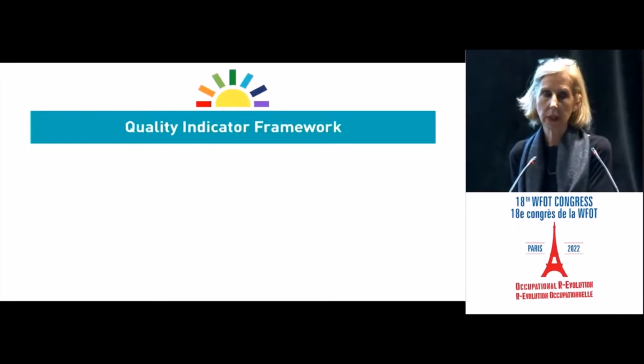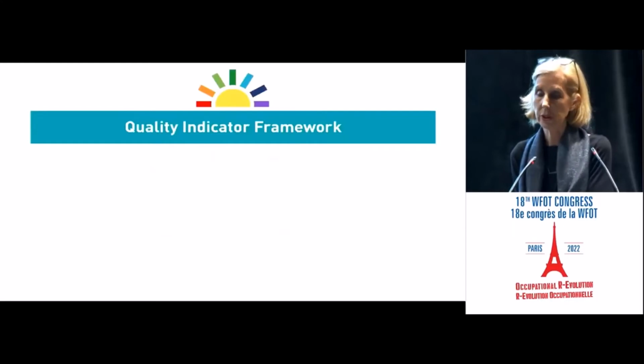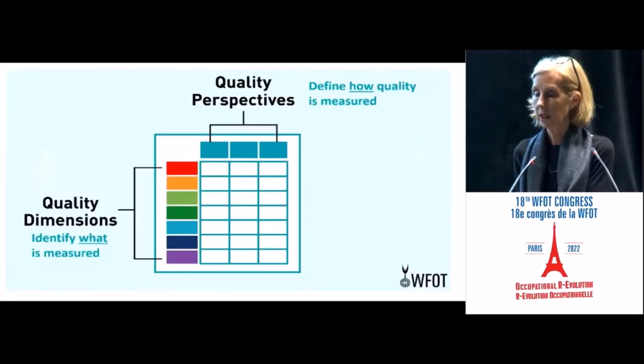So quality is a really broad concept, and so there's a number of ways that you can go about measuring quality. And so what we've done with Quest is that we've developed a quality indicator framework that we used in order to define the core indicators.